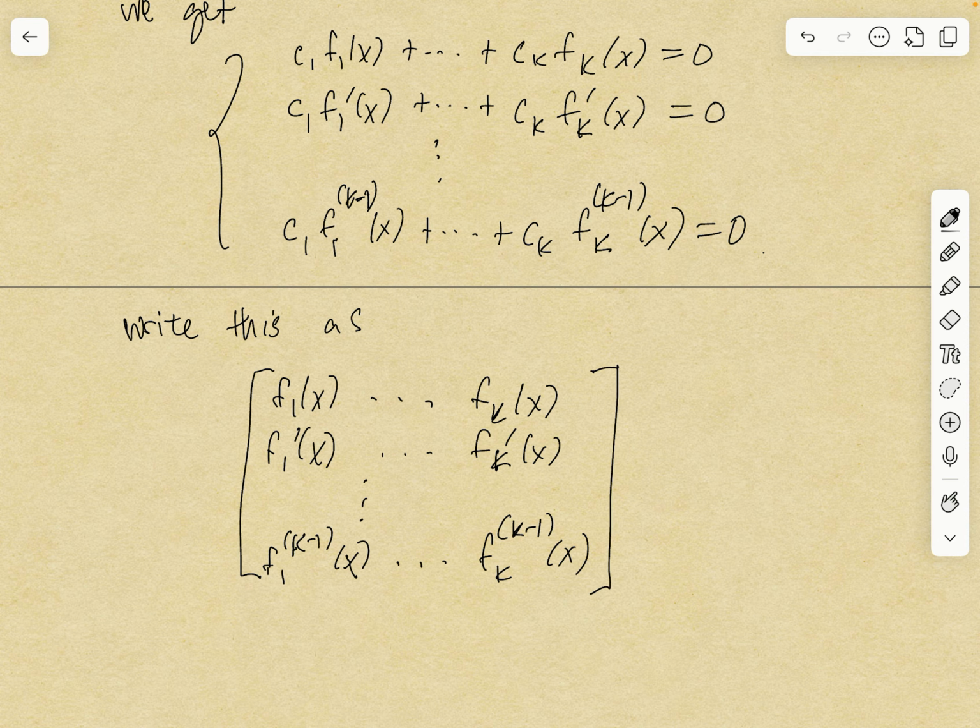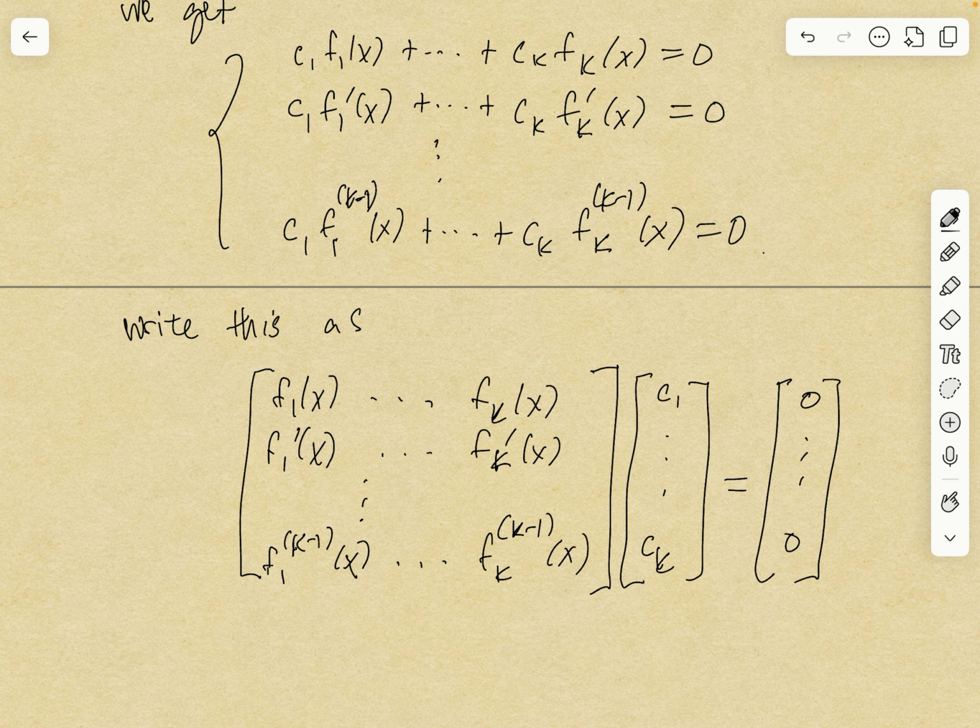This matrix times c1 to ck is the 0 vector. I'm just writing the system of equations as a matrix vector equation.